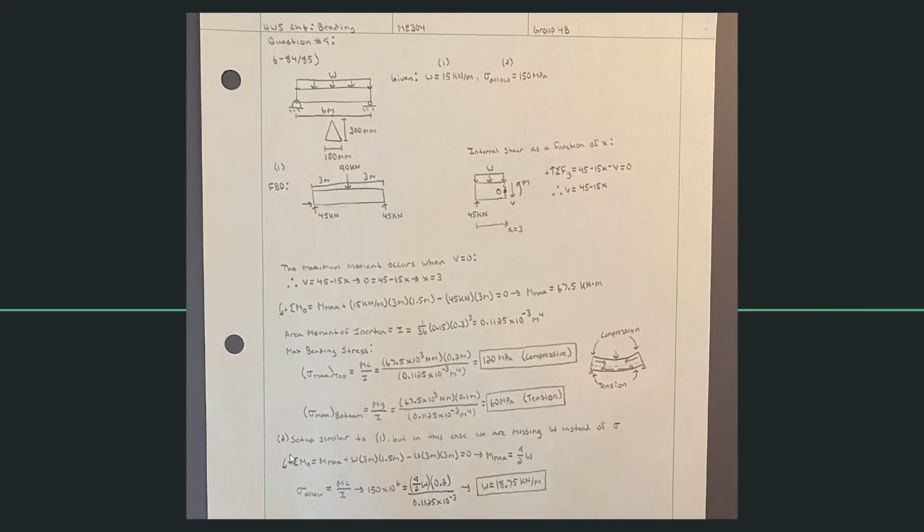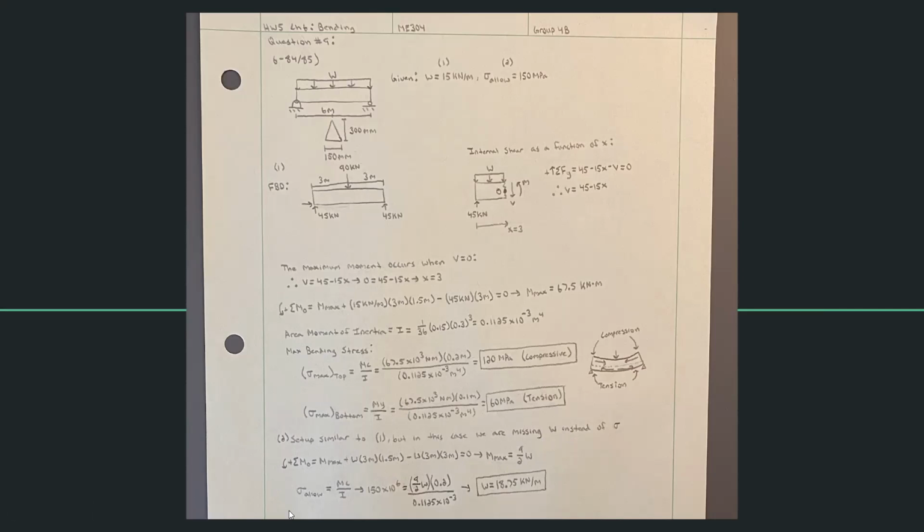For number 2, we have everything except for that weight. And instead of being given the weight that's distributed on the beam, we now have the max allowable bending stress. So we set everything up similar to how we did previously, except for when we get to that moment equation. Inside of the moment equation, we will solve for the maximum moment in terms of W because we no longer have that W value.